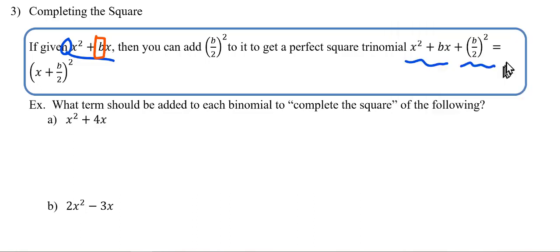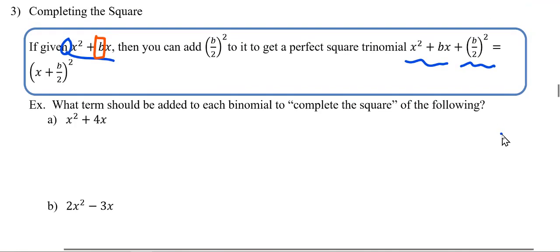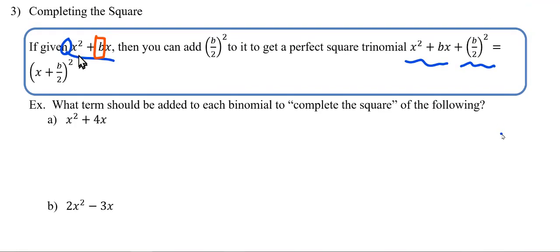This first example says what term should be added to each binomial to complete the square of the following. So we are in that form x squared plus bx, where b is 4. We are going to take the b, which is 4, divide it by 2, and square that quantity.